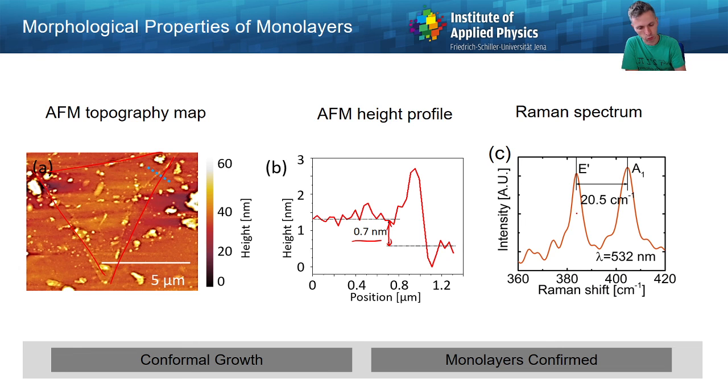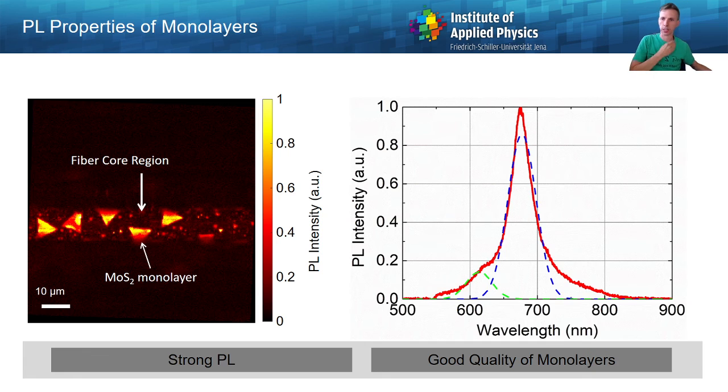And we measure a separation of the two characteristic Raman peaks of 20.5 per centimeter, which is also a signature for monolayers. So with this, we know that we have conformally grown on the curved substrate of our fiber, and that this growth really contains monolayers.